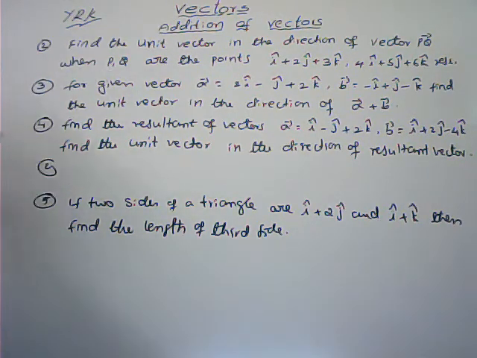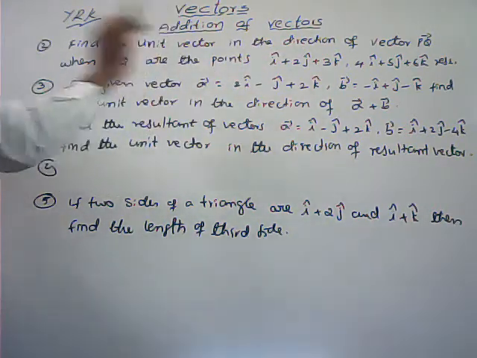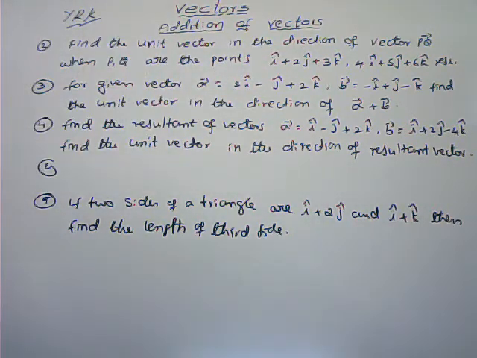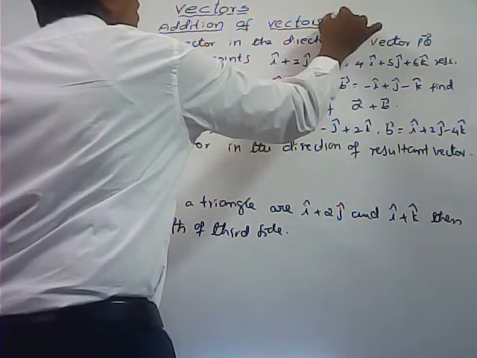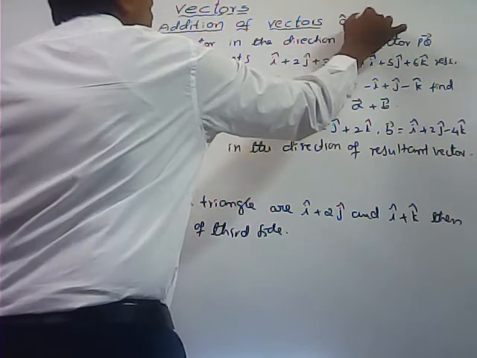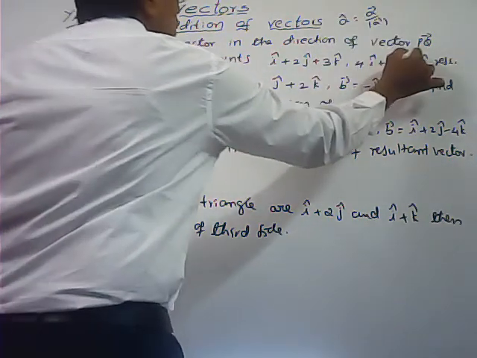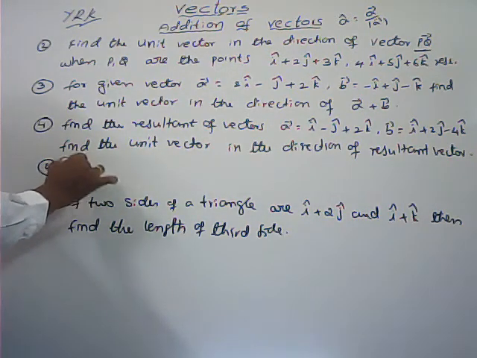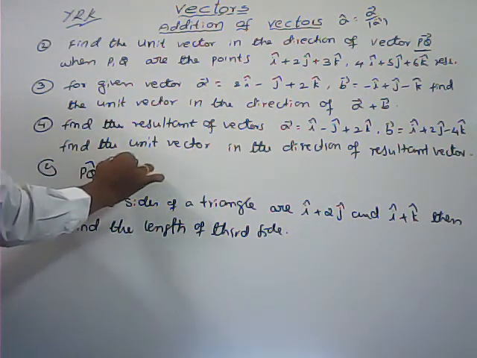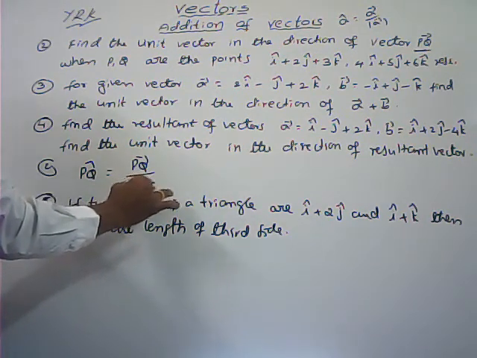Second one, find the unit vector in the direction of the vector PQ bar. In the direction of a bar, what I have written, the unit vector in the direction of a bar is a cap, equal to a bar by modulus of a bar. So in the direction of PQ bar, that one we can write as PQ cap, equal to PQ bar by modulus of PQ bar.